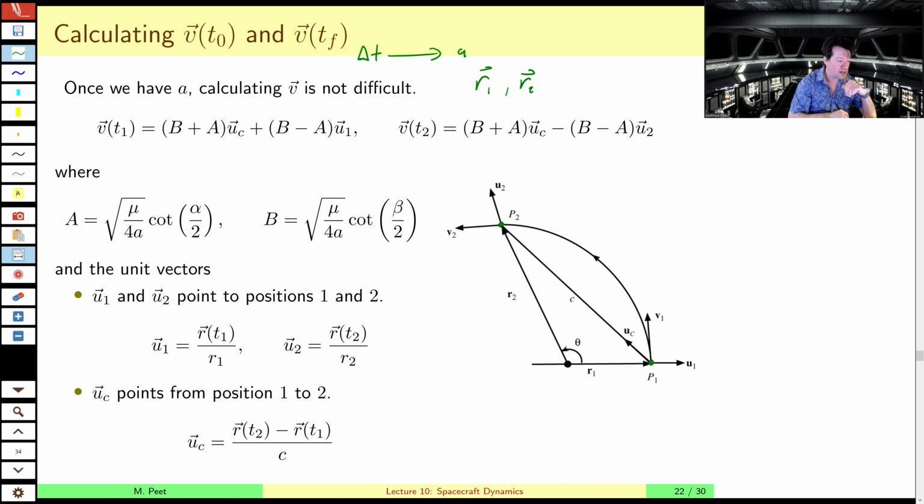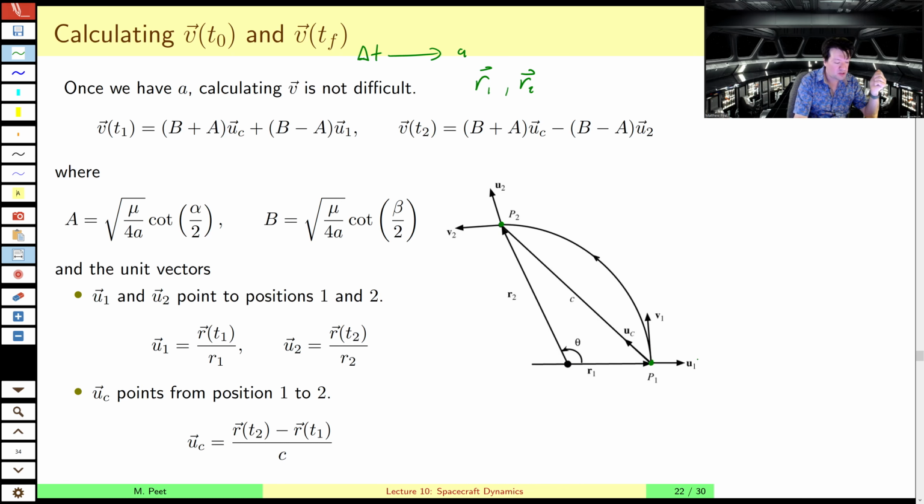We can just get them directly. And so that's given by the formula here. So specifically, we know we're on this orbital plane, so we know our velocity vectors are also in the orbital plane. And so they have to be some combination of the directions of these two R1s and R2s.